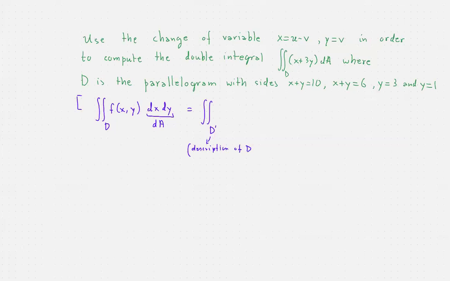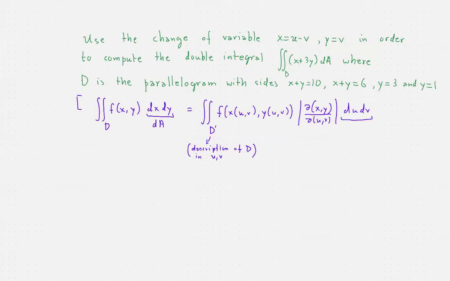And the integrand is replaced by the function where x and y are expressed in terms of u and v, and we multiply by the absolute value of the Jacobian determinant. And here, let's emphasize again that we have an integral with respect to u and v, so this is really our dA right here.